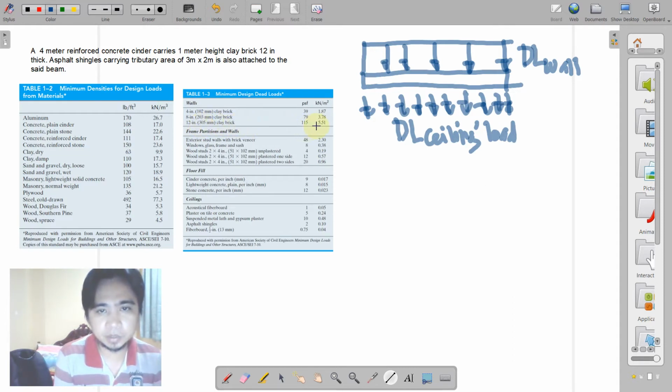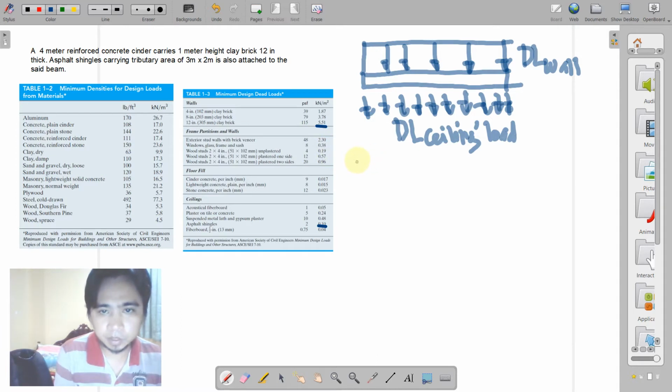We are in English units, so we pick 5.51 for the clay brick, and for the ceiling we have asphalt shingles, and obviously that is 0.1. Next, we go to the solution.